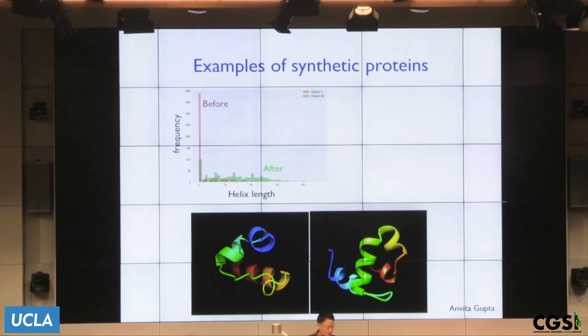Here we want the transport to generate proteins with helices of a certain length. The red distribution corresponds to the distribution of helices before you apply this transport, and after you do the transport, you can see that you're getting proteins with much longer helices. Here are some of the ones that we have generated.